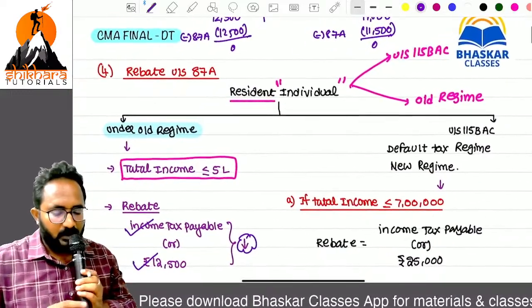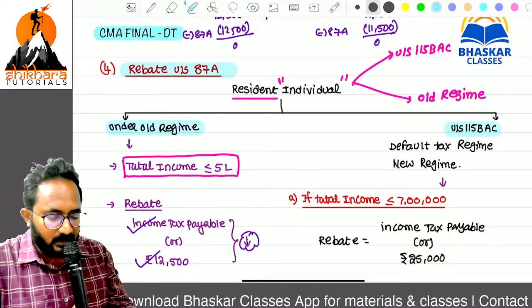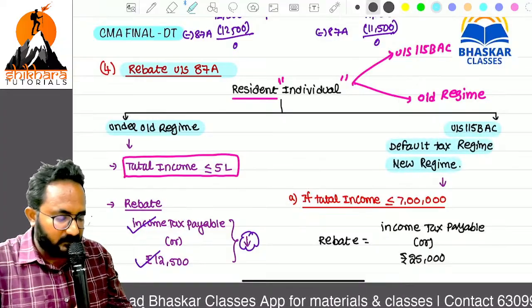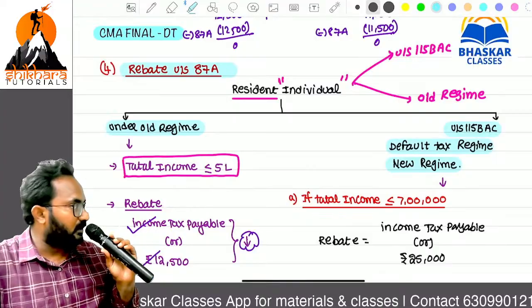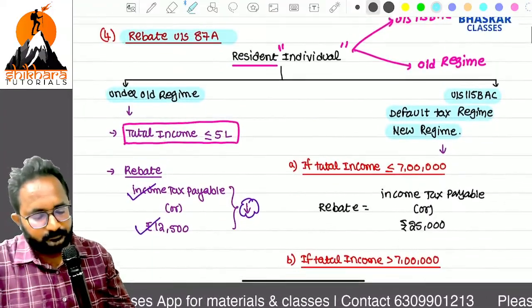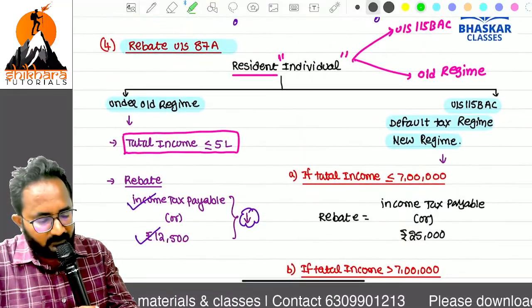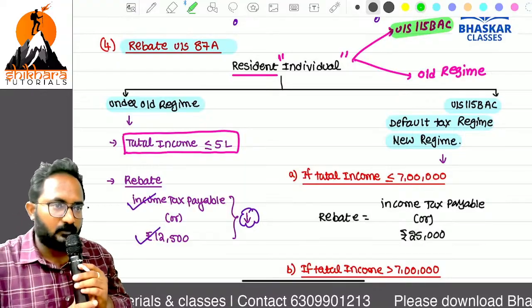If it is okay, then we can start our discussion, sir, on how we can get the rebate in the case of the default tax regime or new regime. Shall we start our discussion, ma'am? Out of these two regimes, which one is the default tax regime, ma'am? 115 BAC.